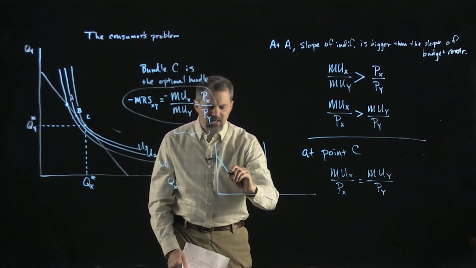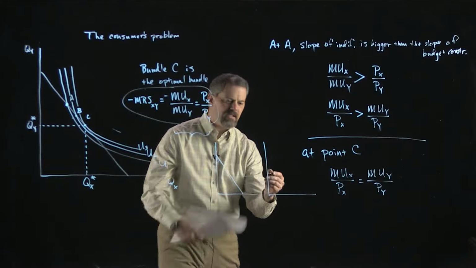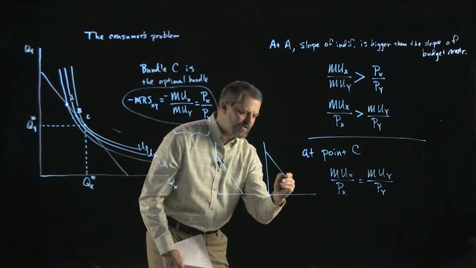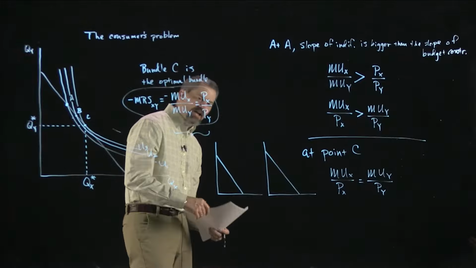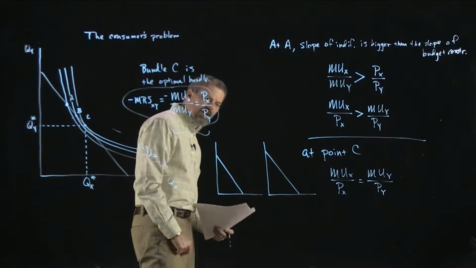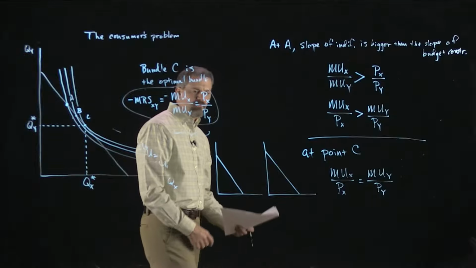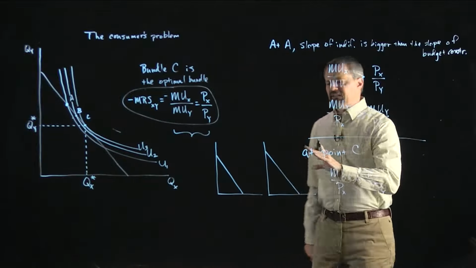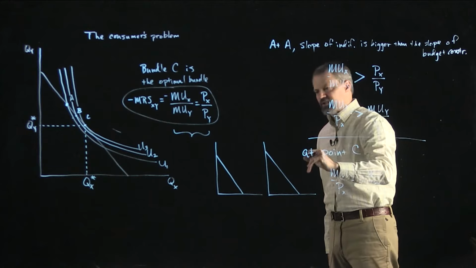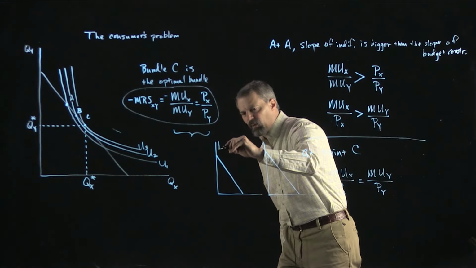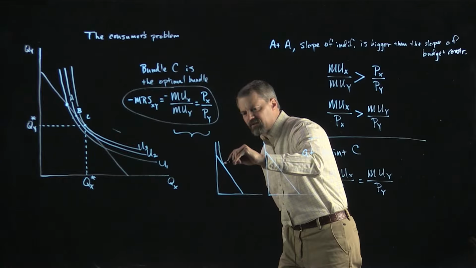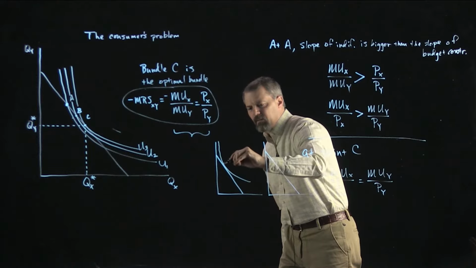Now, where their budget constraint ends up being depends on how much income each of them has. But they're both going to have the same slope. I tried to draw those so that they're both parallel to each other. So they're both going to have a different map of their indifference curves, but at their optimal point, they're going to end up at a point of tangency between an indifference curve and their budget constraint.